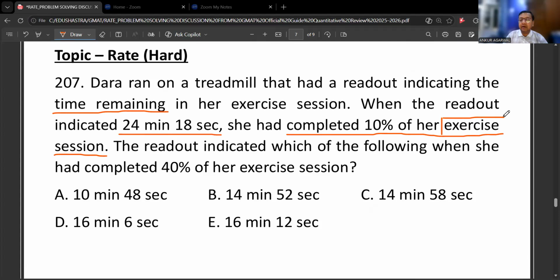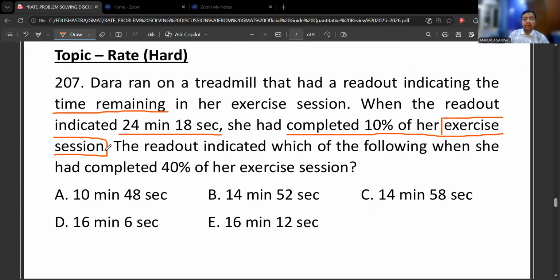This is talking about exercise session, means whatever the total time she has planned for exercising, right? So she has done only 10%, right? And this is what? 24 minute 18 second. This means this is the time left, right? This is the time left for the exercise session, right?